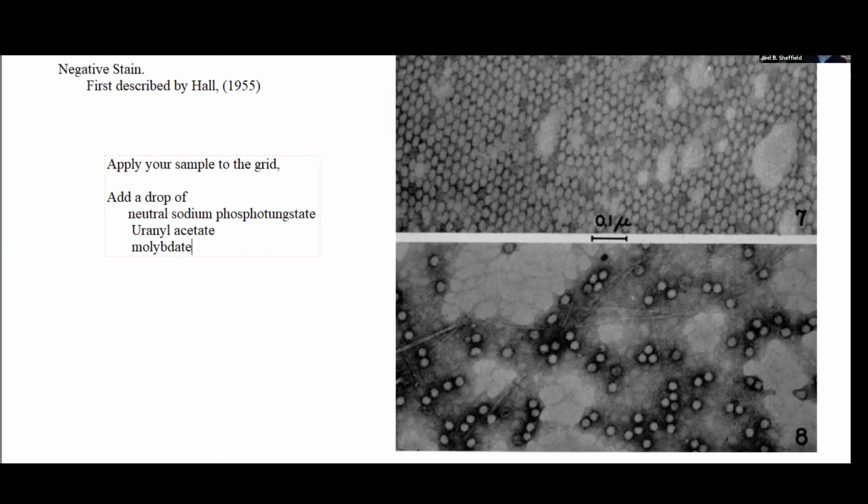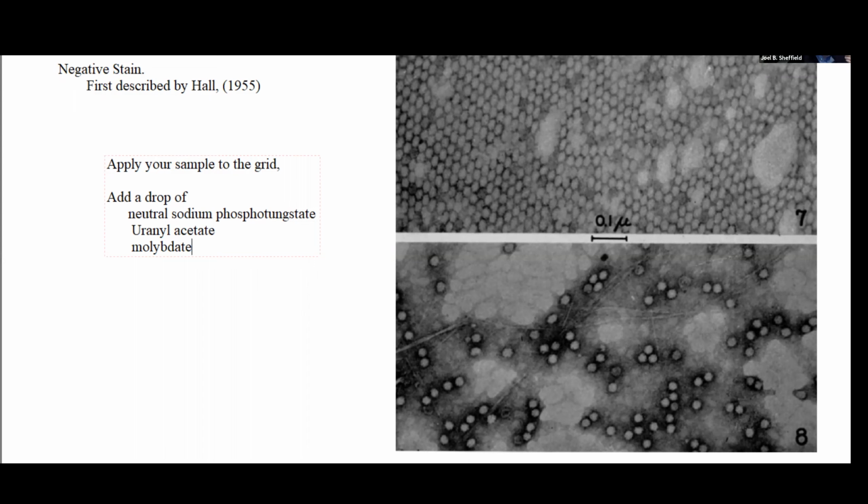Now, what Hall saw, this is an interesting side issue. Hall published a major paper in 1955 about the densitometric analyses of viruses. This was a virus called bushy stunt virus. Doesn't matter what it was. And as part of the paper, he said he hadn't been using this neutral sodium phosphotungstate, but at one point he tried some.